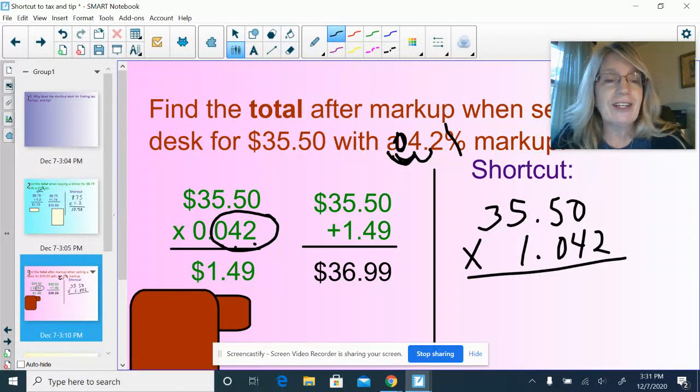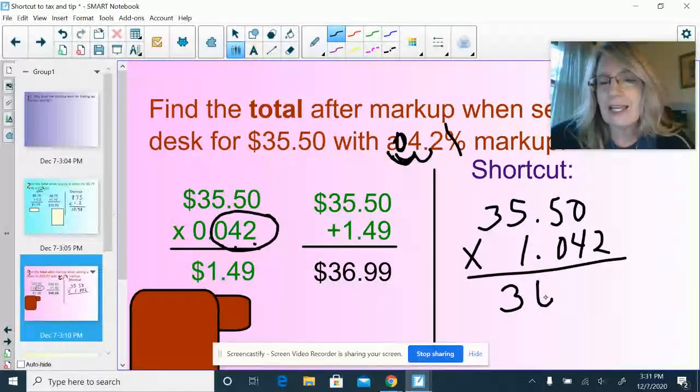Type that all in your calculator, $35.50 times 1.042. The one out here is going to make $35.50 be wrapped into our answer plus the markup, and you should get the same answer on your calculator.